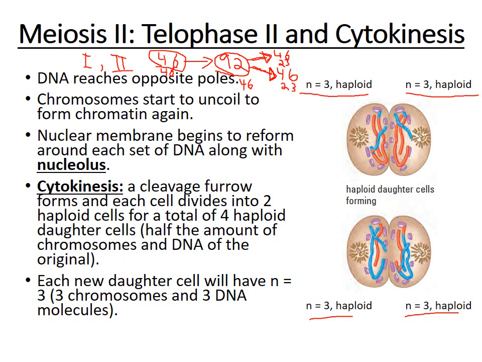So we chopped the number of chromosomes in half. But we still have 46 DNA molecules because those chromosomes are still replicated. So we do another division to get us down to 23 DNA per cell, 23 DNA per cell on 23 chromosomes. So our chromosomes are halved compared to the mother, and our DNA is halved compared to the mother, or the parent cell.